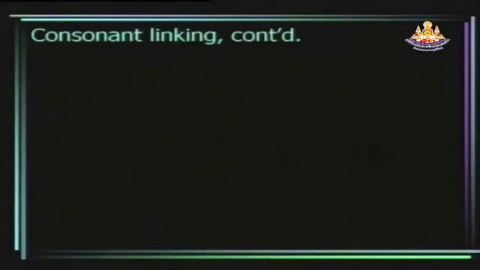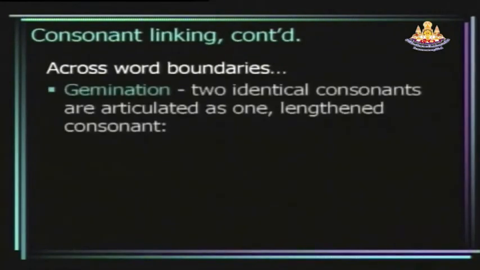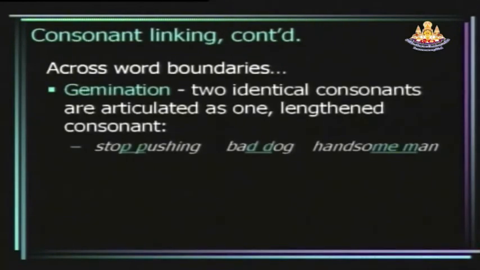Our next example has to do with geminate consonants, twin consonants, or two identical consonants, as in the words stop pushing. But we don't make a break between the two words. Instead, what we do is we lengthen the production of P, and I say stop pushing, stop pushing.